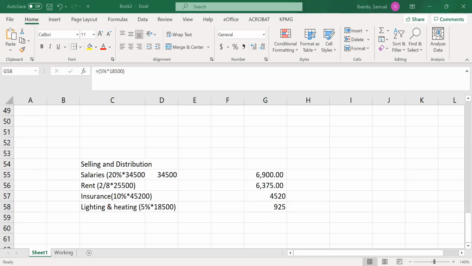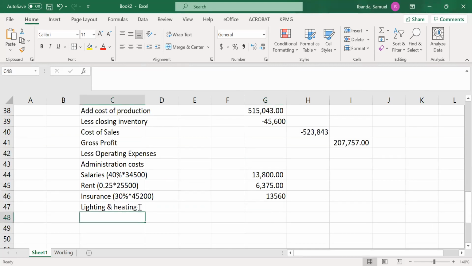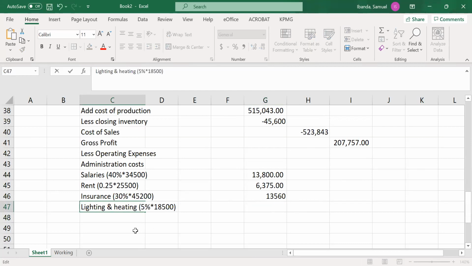And then for administration it was 25%. I'll just pick here. So this is 25%.